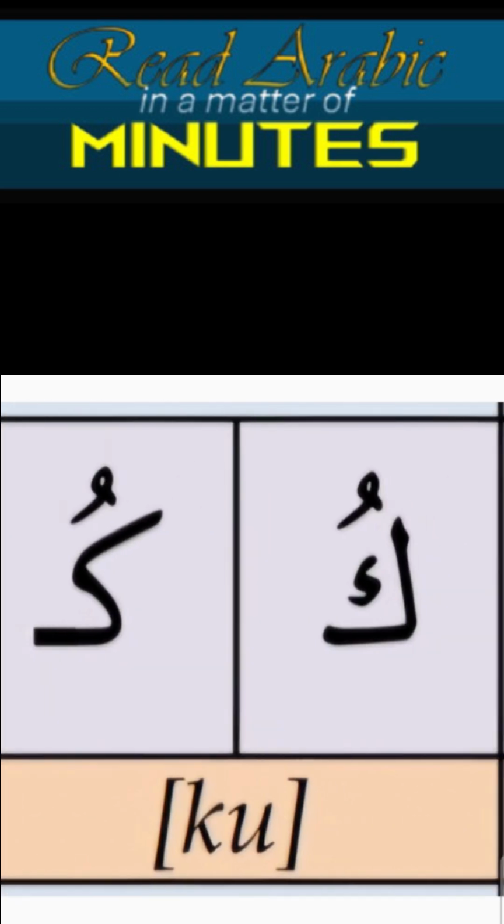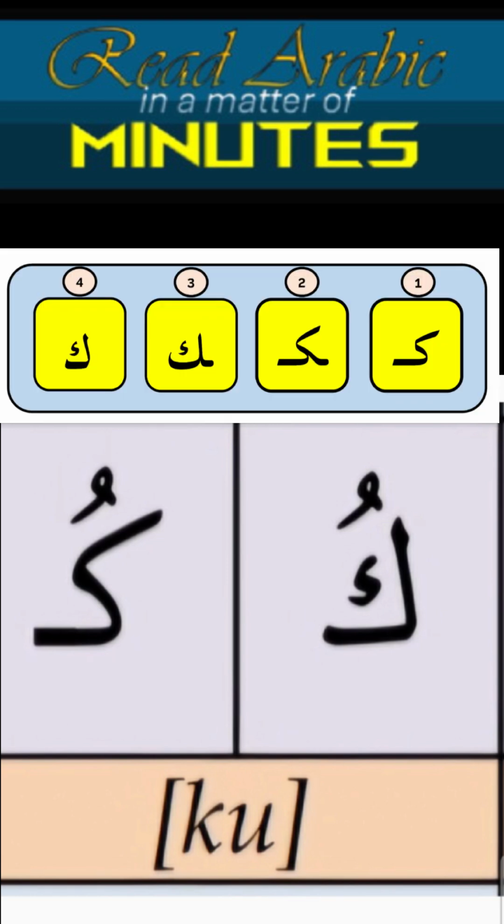If the k gets a u sound, it's ku. And once again, there are the two basic shapes which form part of the four shapes of most letters in Arabic. Most letters in Arabic have four different shapes, or not always very distinctly different, but there are four shapes nevertheless.